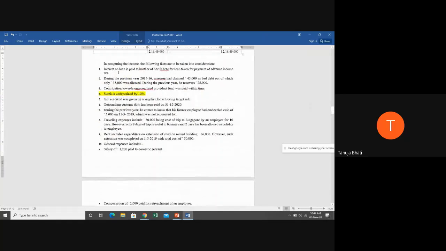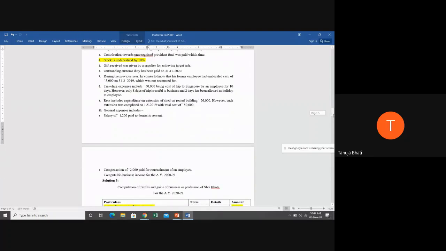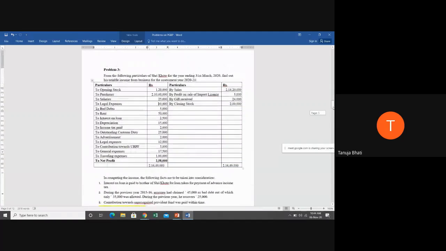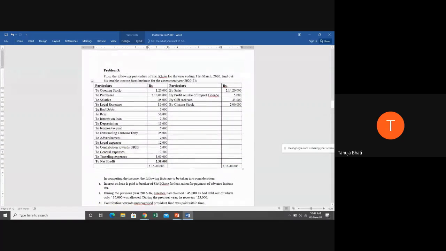So point number 1, 2, 3, 4, 6, 7, 8, 9, 10. Okay, there is no information about legal expenses given. Therefore, we are treating it to be a business expenditure, and we are not going to give any effect to it in the main answer.